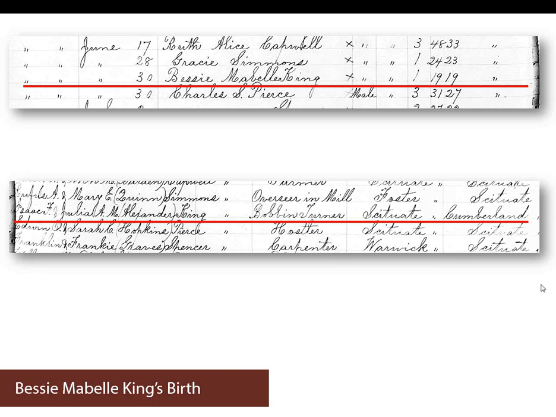So a lot of great information on these pages. It's just important that you look at the column headings and pay close attention to them. And remember that this is a transcription of another record, so it's possible that there's an error in there. If you can find the original at the town level, you may need to do so.